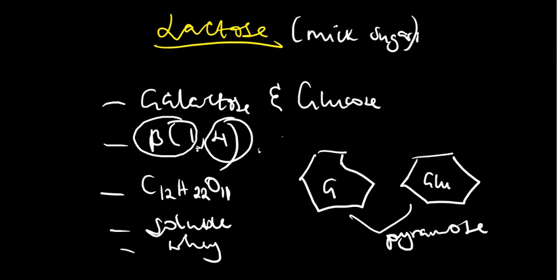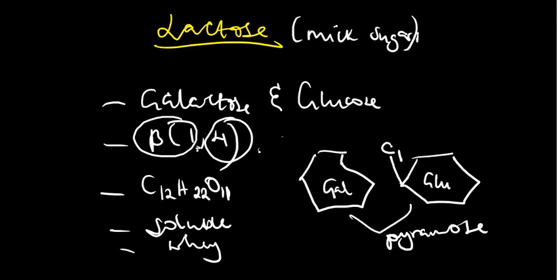This is galactose. All right, so lactose is a reducing sugar because the carbon 1 of the glucose, so if this is carbon 1 or the other way around, the carbon 1 of the glucose is free.